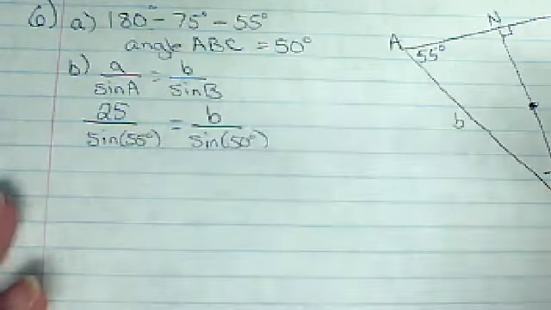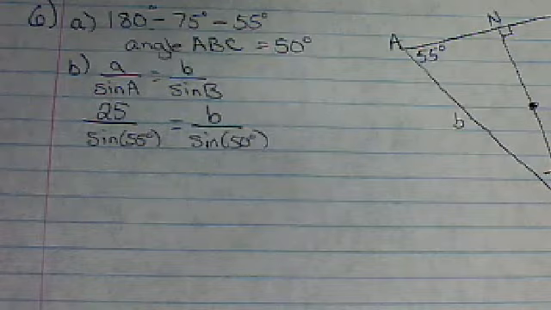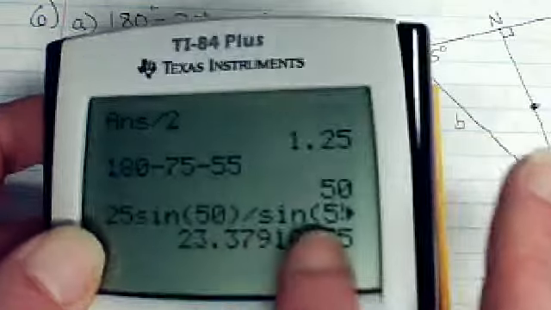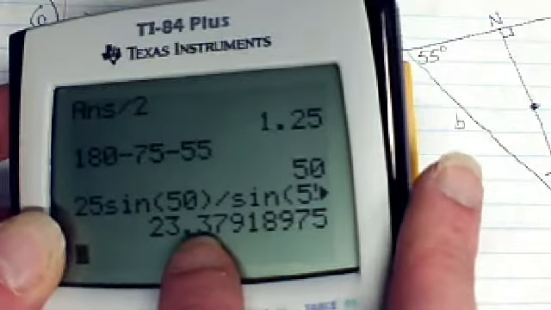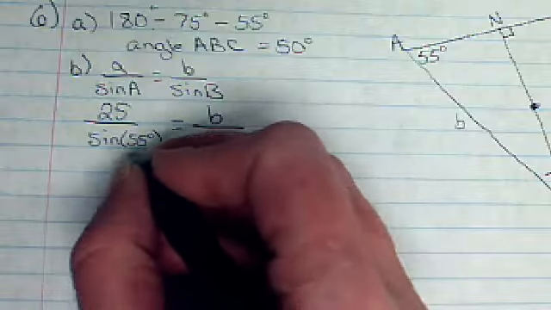They don't care about the nitpicky arithmetic in between, but they do want to see which formula you plugged into and what answer you got. Now when I did the calculation, I did 25 times the sine of 50 divided by the sine of 55, and I got 23.37, but 3 significant figures would give me 23.4.